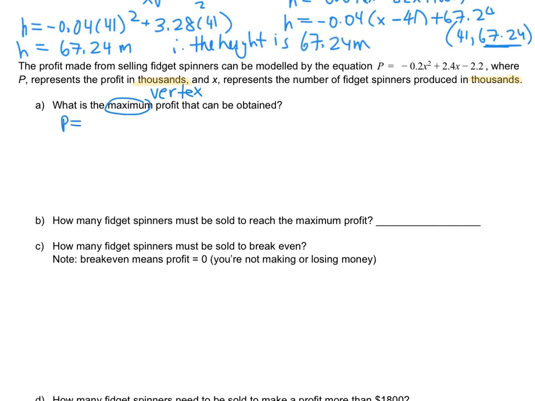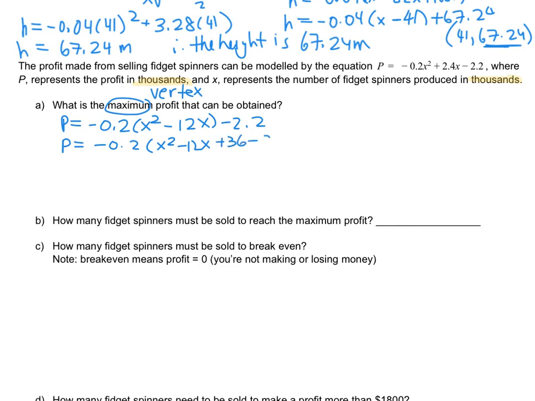So I'm going to start off by factoring out the negative 0.2 so that I'm left with x squared, and then be careful, you are going to have minus 12x here and then minus 2.2. Now we can take that negative 12, divide it by 2 to get negative 6, and then square it to get 36.